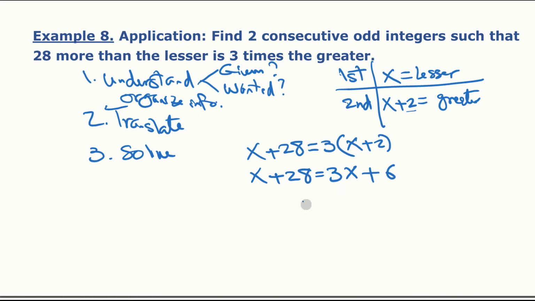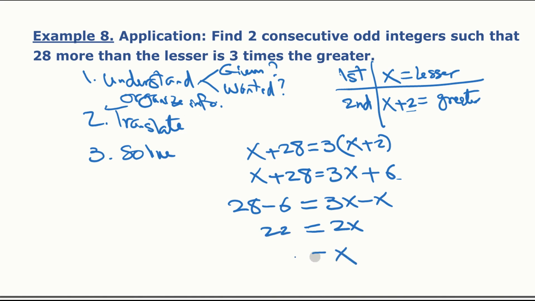So let's move the x's to the right side. Keep the 3x here, bring the x over so it becomes minus x. We're going to keep the 28 on the left side and bring the 6 over so it becomes negative 6. Remember, change sides, change signs. So now we get 2x equals 22.